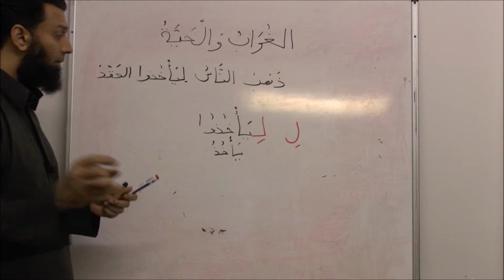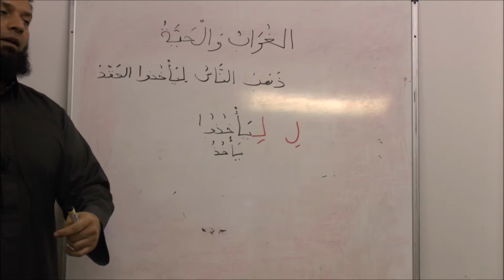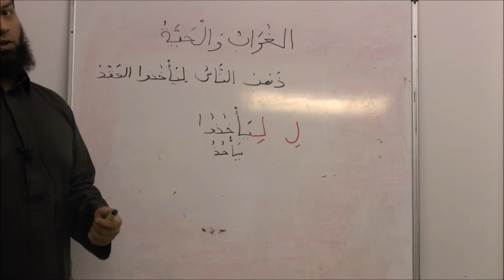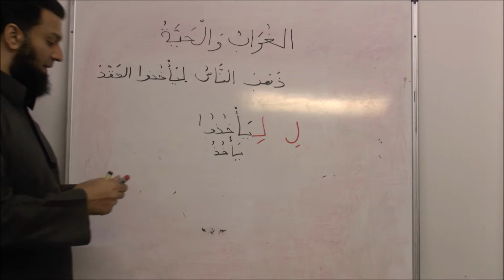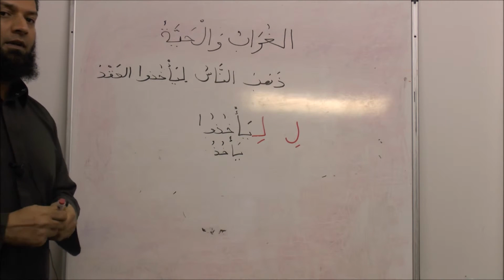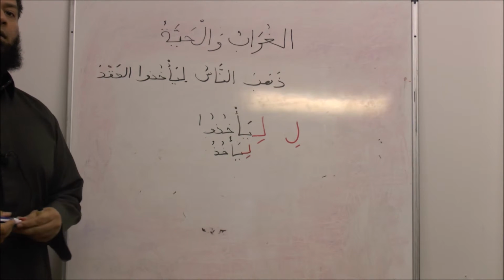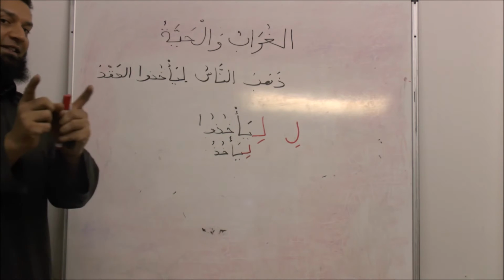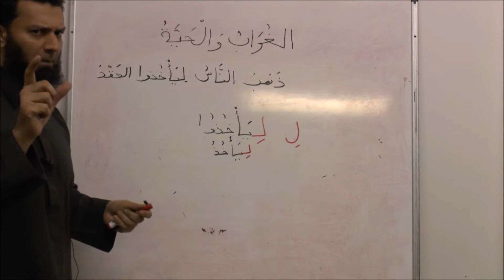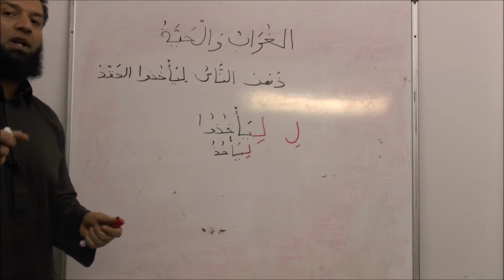Now, we want to say in order that he takes, so I add that li to it. What do we do, Shabazz? Do we still add the waw and the alif? No, because the waw and the alif are present within the plural male third person. There is no waw here. So what happens?